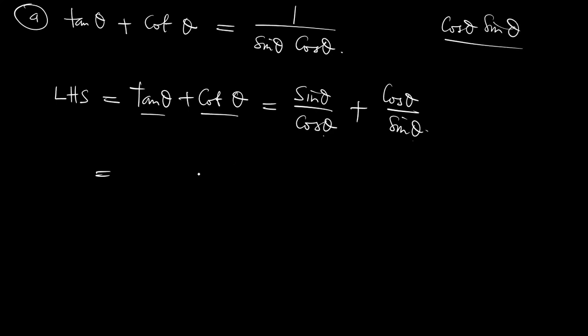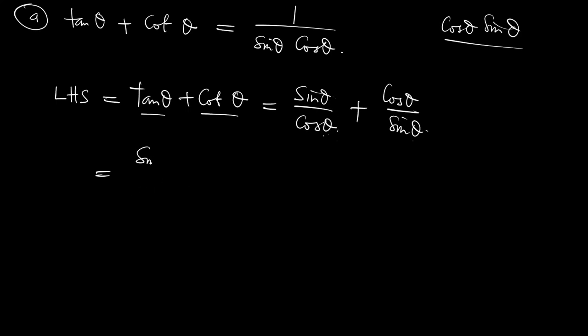So now we need to make the denominator equal to the LCM. What we need to do to this cos theta to make it the same with this one is to multiply by sin theta. But what you do to the denominator, you also have to do to the numerator.